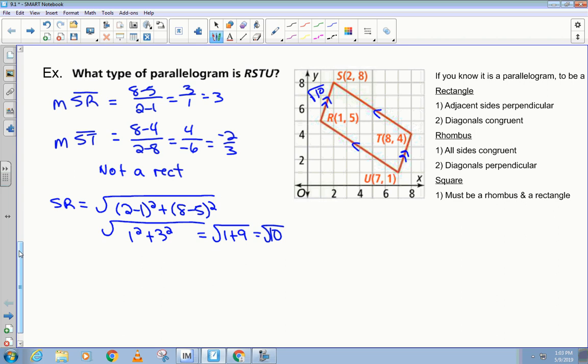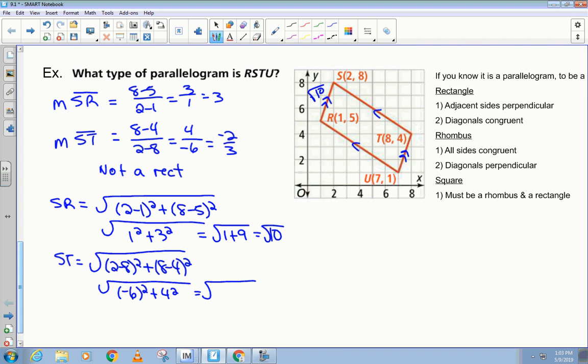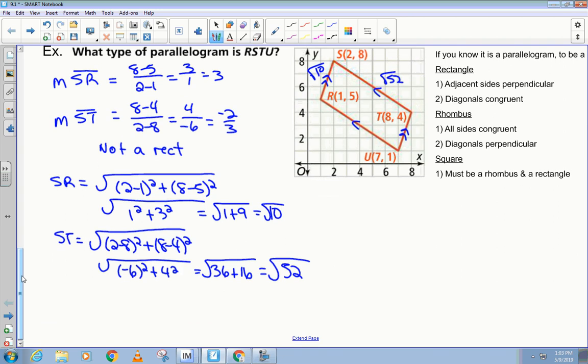Then we're going to look at ST, and that would be 2 minus 8 quantity squared plus 8 minus 4 quantity squared. That would be negative 6 squared plus 4 squared, 36 plus 16, which is radical 52. So is it a rhombus? No. It is not a rhombus.